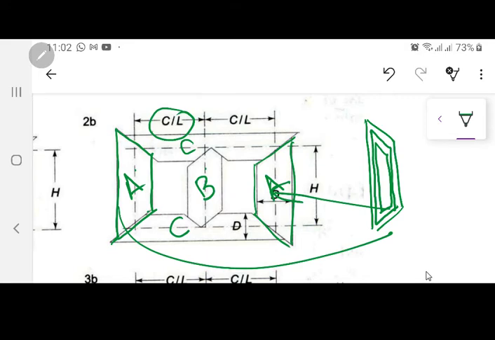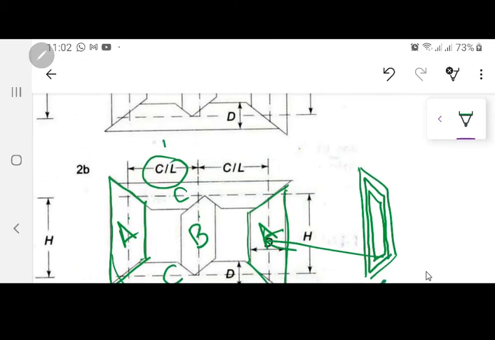this has been given as core to limb, center to center distance. Now if you remember your R.K. Agarwal book, and I guess in your quiz also I gave this question, this was D. Okay? In R.K. Agarwal this one was D. Now in this book, that is Indrajit Das Gupta, we are taking this variable not as D or capital D, we are taking it as C/L.